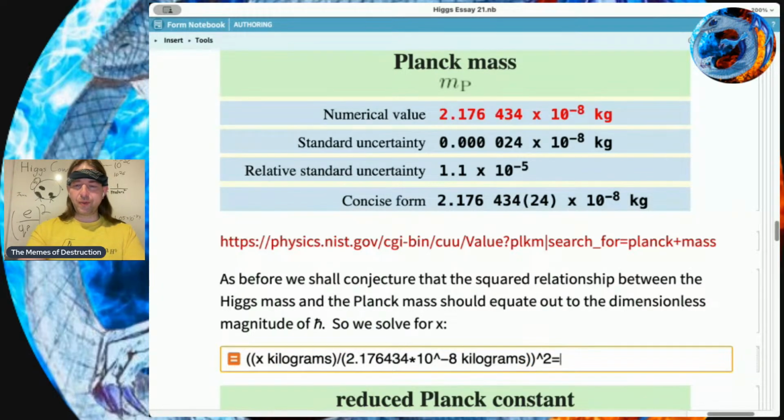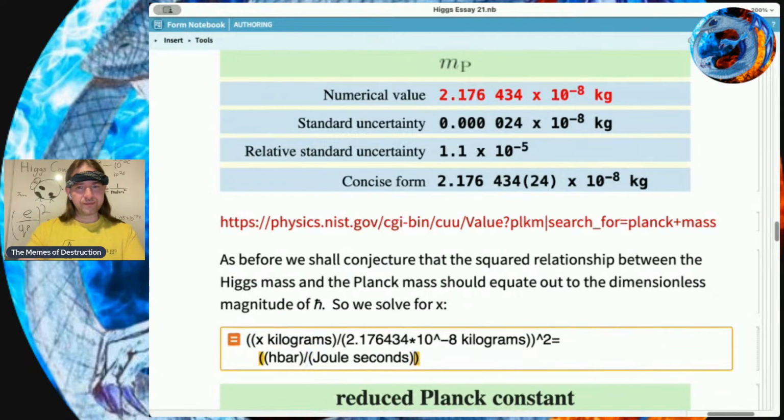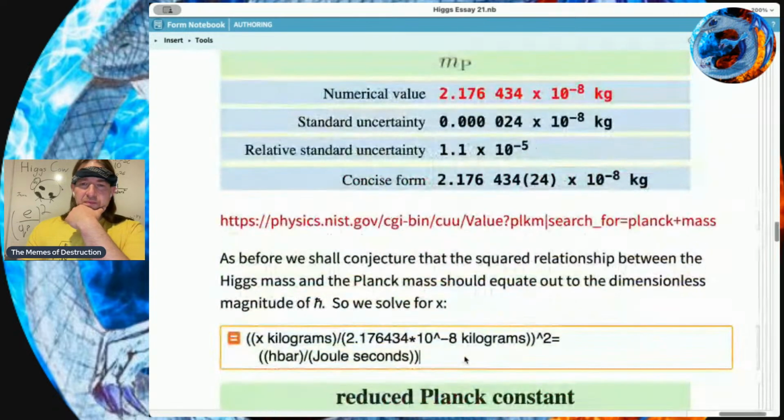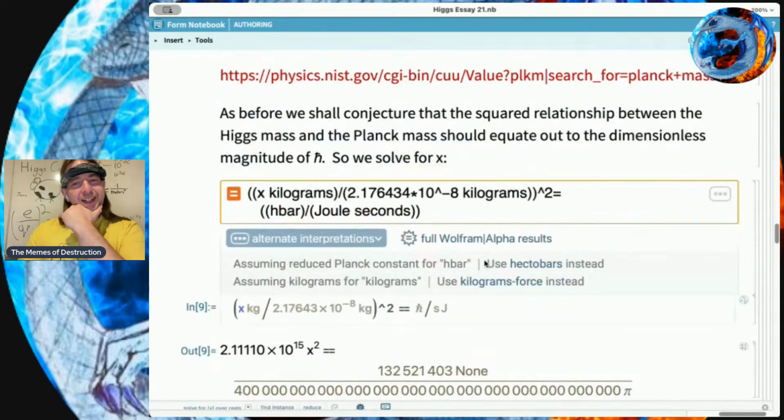That should be set equal to divided by joule. Let's see. I don't think we need to add in extra stuff.